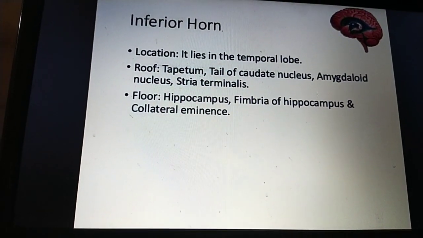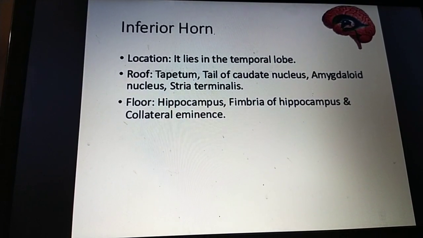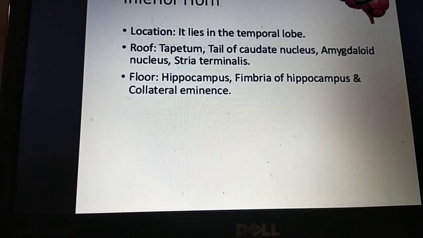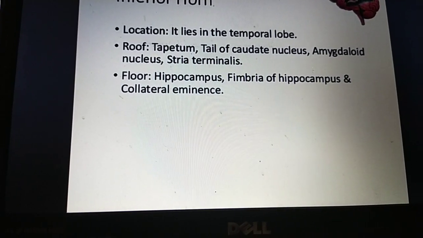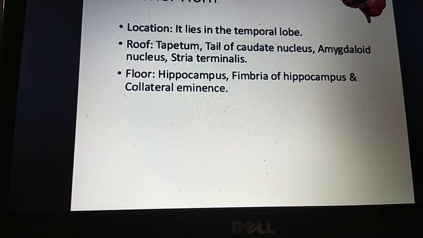Inferior horn. Location: it lies in the temporal lobe. Roof is tapetum, tail of caudate nucleus, amygdaloid nucleus, stria terminalis.